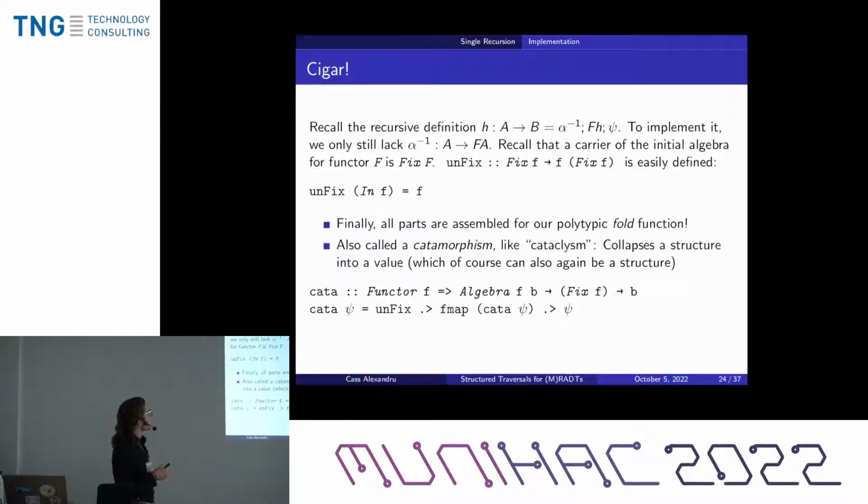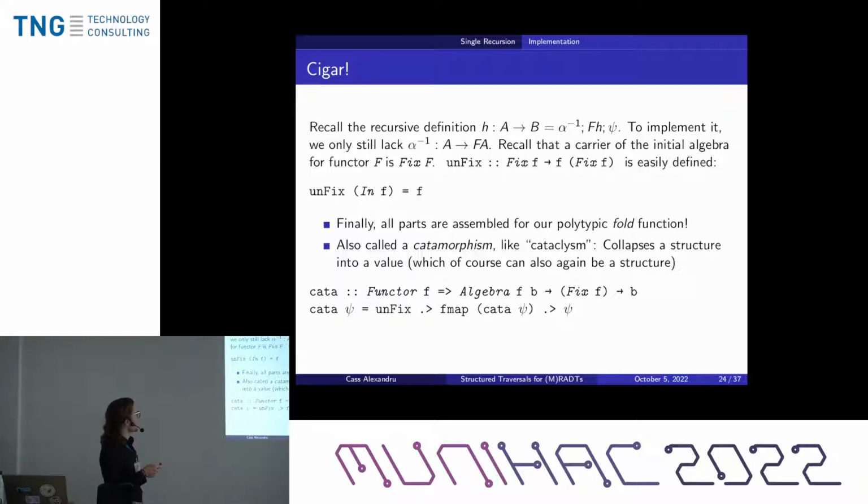Basically, we see that the fixed point that we defined to relate the shape functor of our original data type back to the data type gives us the initial algebra. And so to go from fix of f to f of fix of f, since this is the a of the initial algebra, we just have to define a function with this signature.